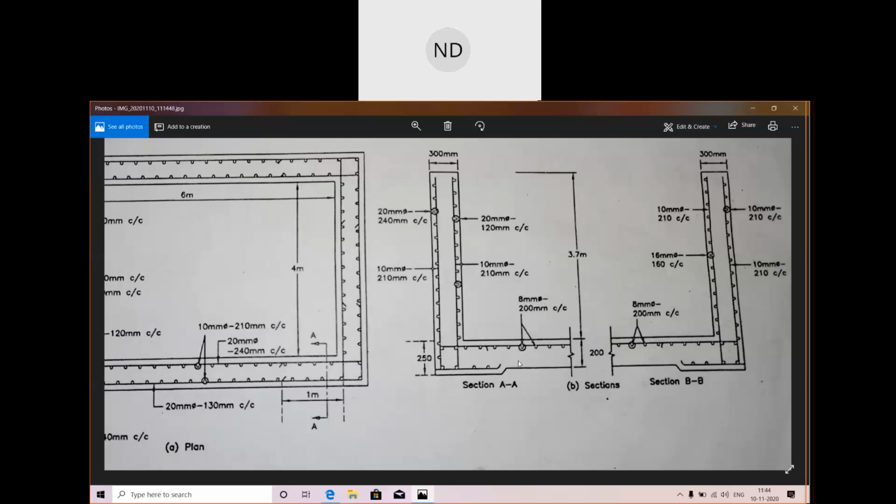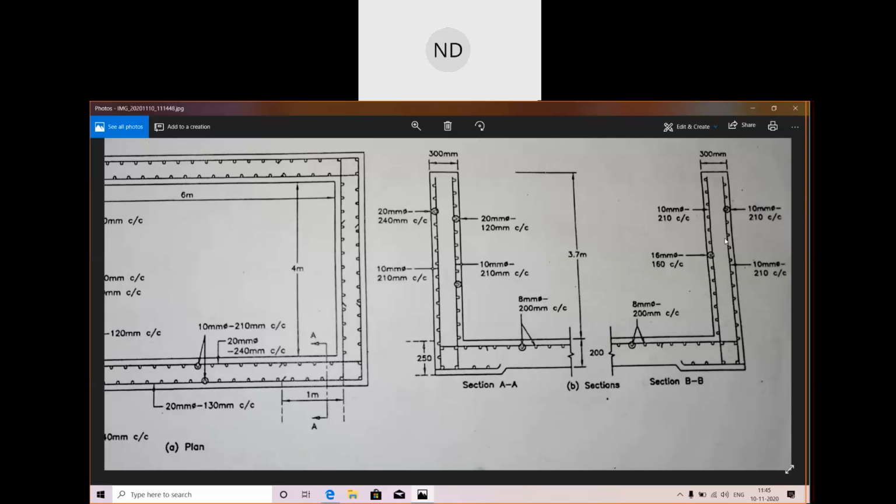For the base slab, we have provided bars of 8 mm diameter at a spacing of 200 mm, and the rest are the same, 10 mm at 210 center to center. We have the main bar.